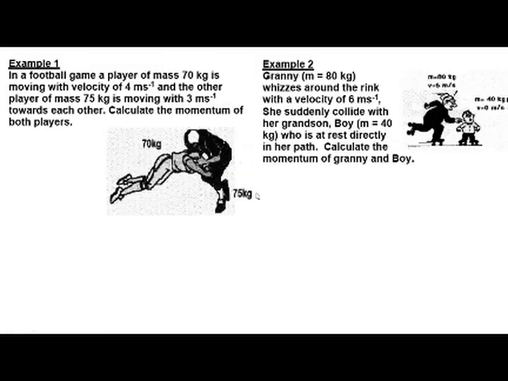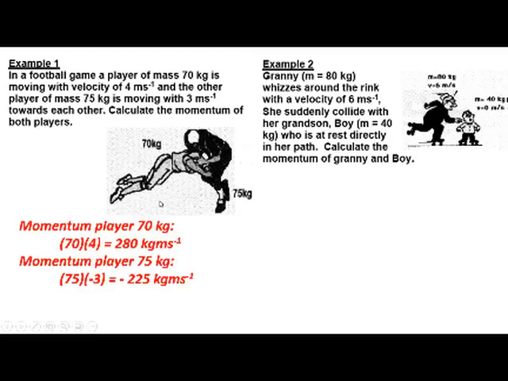Let's look at two examples of how to solve momentum problems. In a football game, a player of mass 70 kg is moving with a velocity of 4 meters per second, and another player of mass 75 kg is moving at 3 meters per second towards each other. Calculate the momentum of both players. We use the formula momentum equals mv. For the 70 kg player, 70 times 4 is 280 kg meter per second.